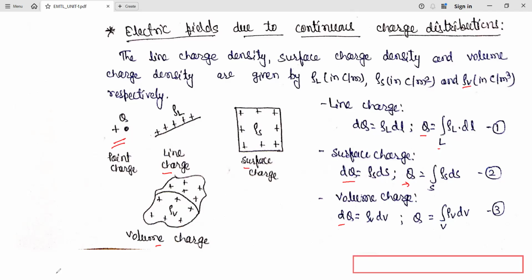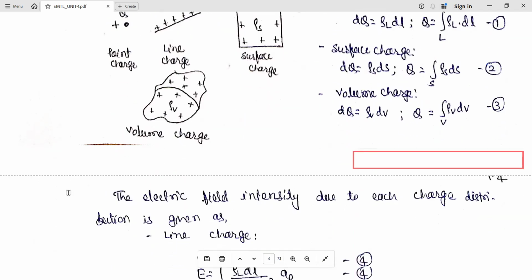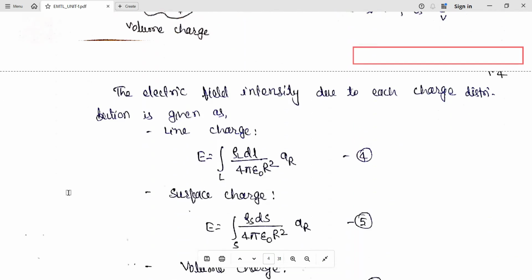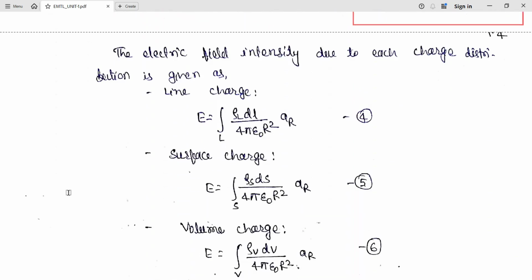This is the simple part where we discussed the different kinds of charges. Next, we'll look at different situations. Now we are going to write the electric field intensity for the different charge distributions.